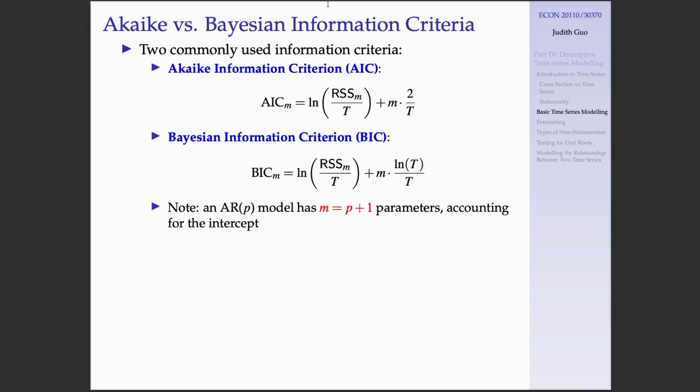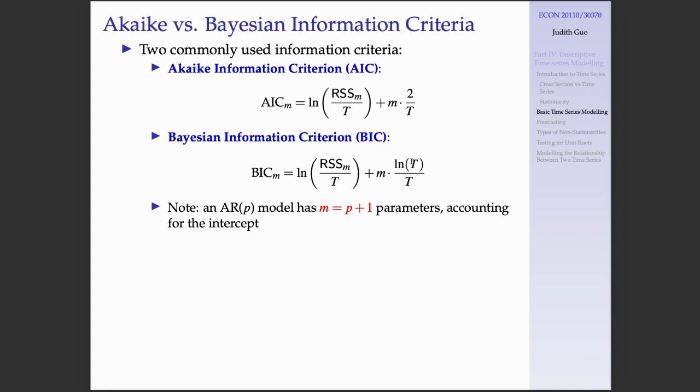But what is different is that in the numerator, instead of having a 2, we have the natural log of T. So the natural log of the effective sample size is essentially increasing in the sample size, whereas 2 is always fixed. So the BIC always gives a larger penalty than the AIC, especially as T, the effective sample size, is greater than 7.